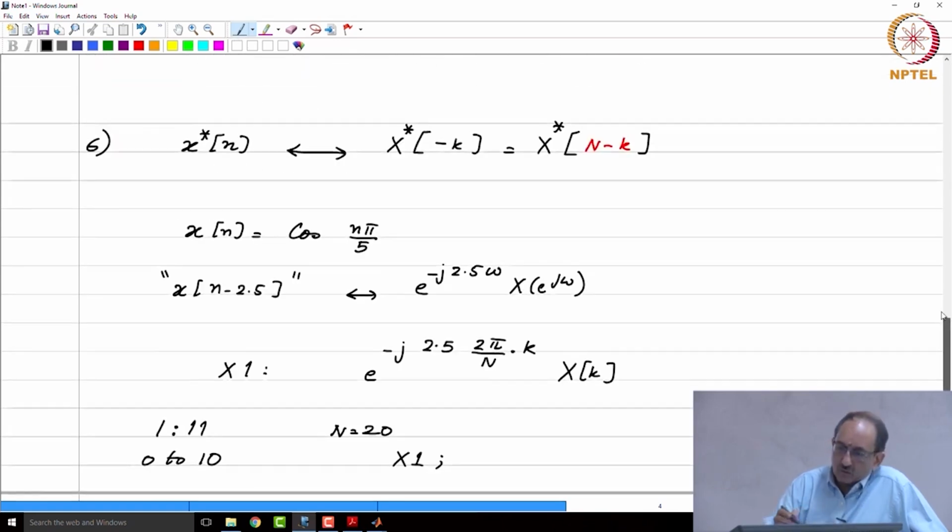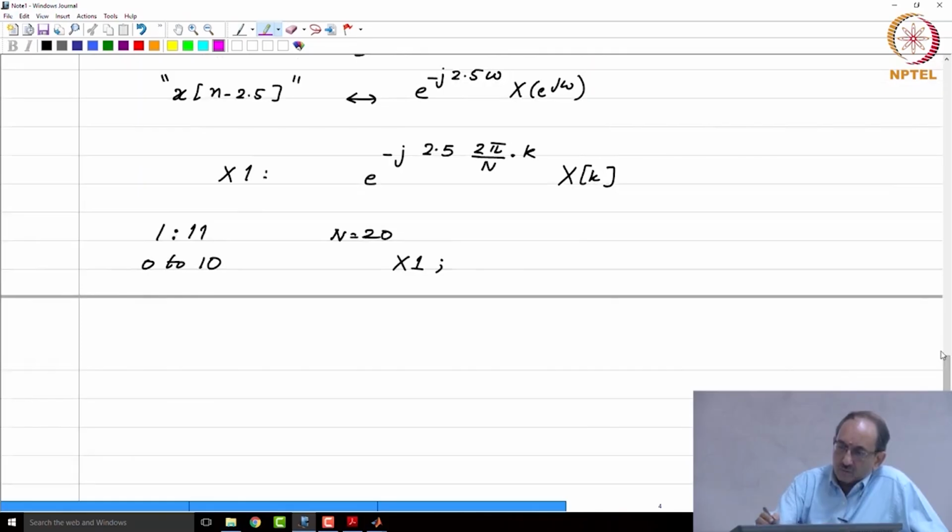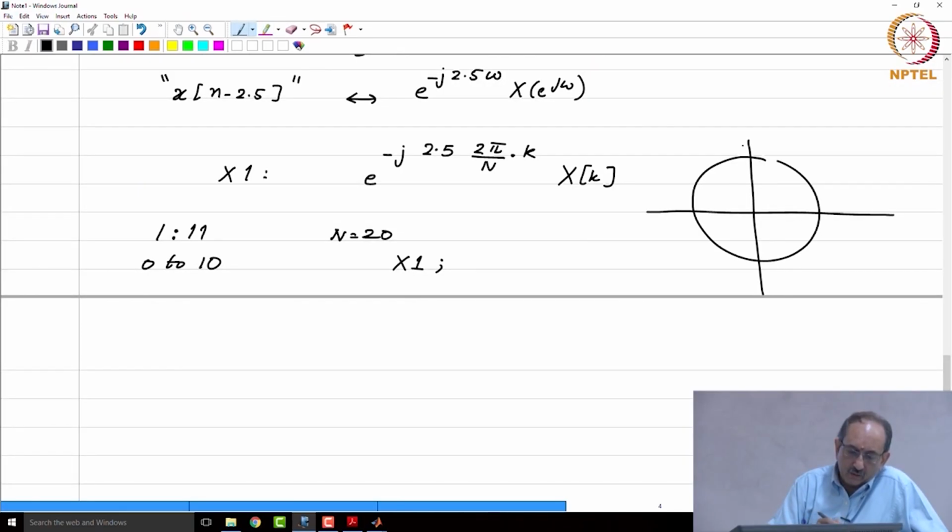There we used this property x star of N minus k. So, remember, when you sample this on the unit circle, you will take samples like this. So, we have computed these samples. These are the ones that are missing.